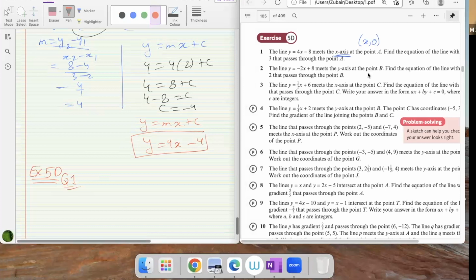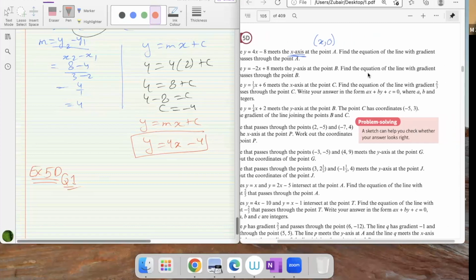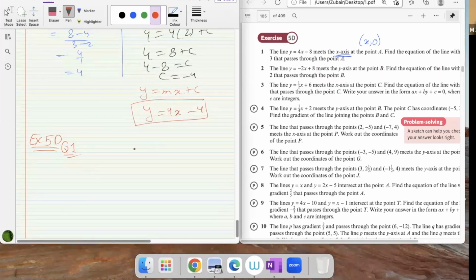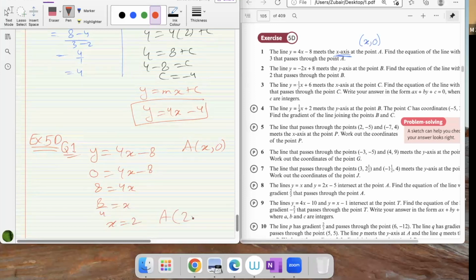Find the equation of the line with the gradient 3 that passes through point A. So first I need to find point A. When y is 0, 4x minus 8, 8 is equal to 4x, 8 by 4 is equal to x, x is 2. So A is 2 comma 0.